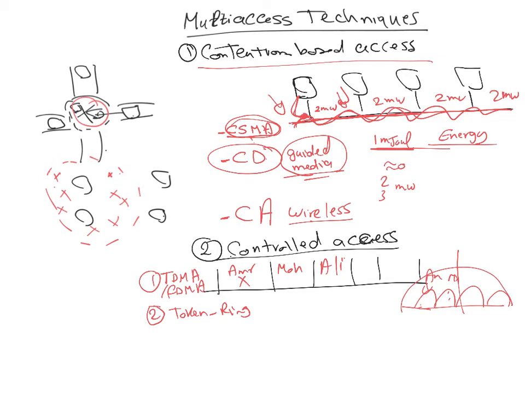And to understand token ring, let's imagine again that we are in a meeting and there is a mic. So we have sort of a mic in the meeting, and this mic goes around in a circle with a certain sequence. So it goes first to me, and I ask, do I have anything to send? If I have anything to send, I will hold the mic and start speaking.